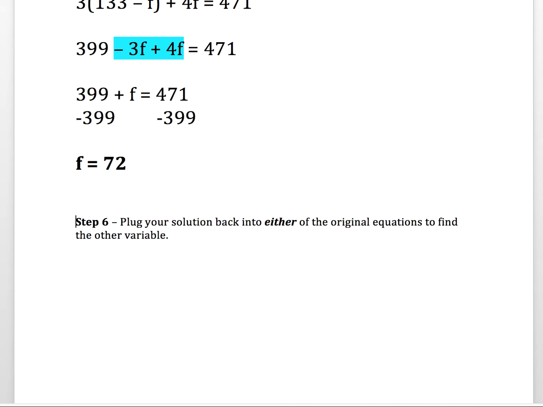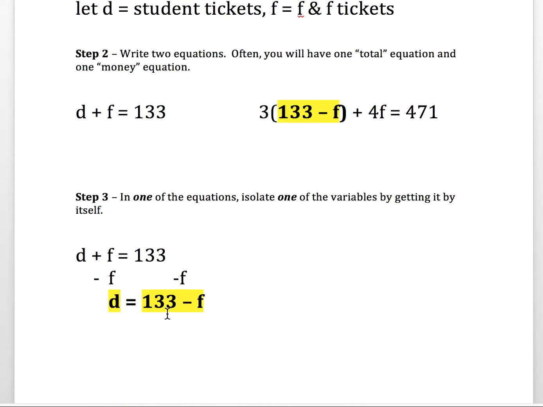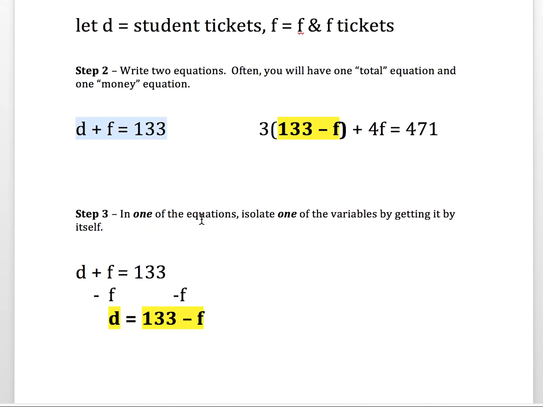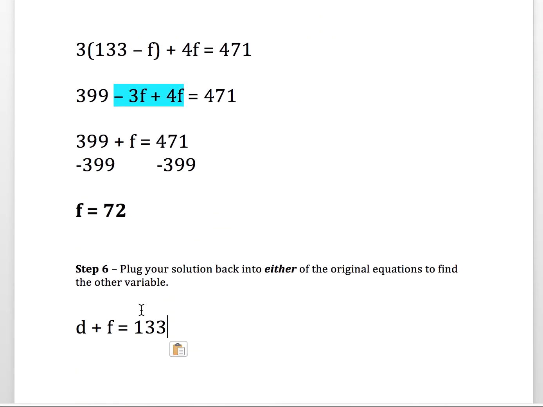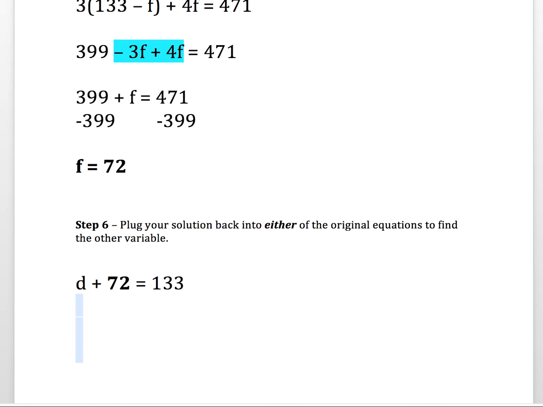And the final step is to plug this answer, 72, back into either of our original equations to find the other variable. So I'm going to grab this first original equation, which tells us that in total there's 133 tickets sold. Now if we know there's 72 friends and family, we'll just plug in 72 for F, and we can solve for D by subtracting 72 from both sides.